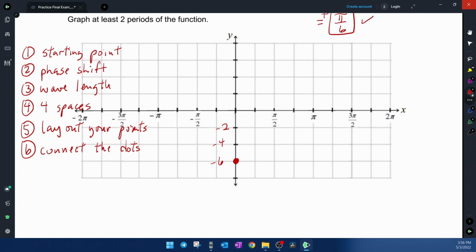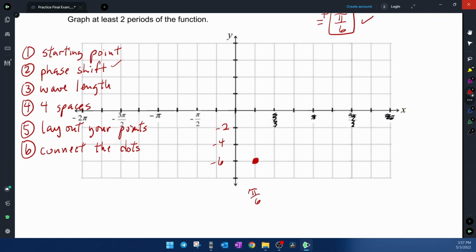So I'm going to relabel these hash marks. The first hash mark, I'm going to say that that is pi over 6, and that gives me a nice landing point for my phase shift. So we move the starting point to the right pi over 6 because that is step number 2, phase shift.